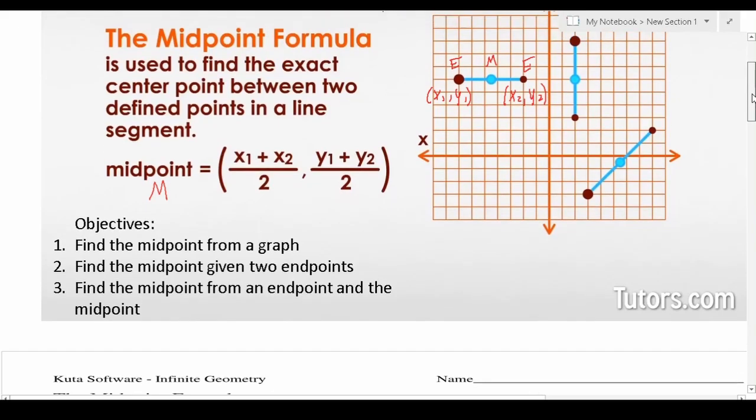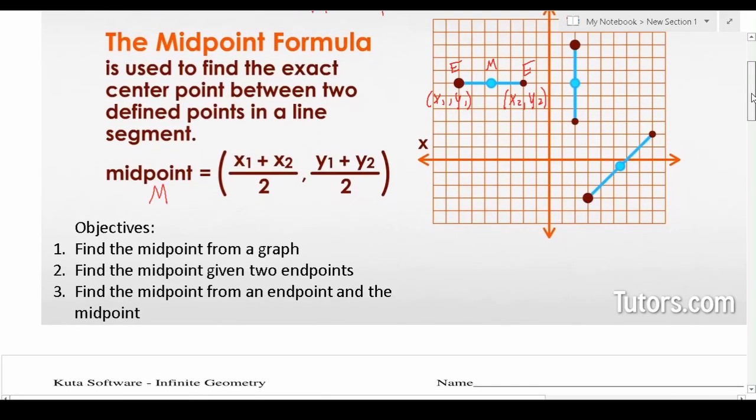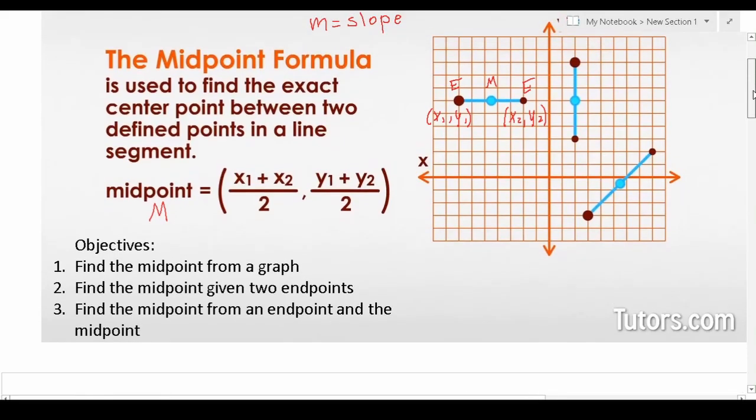As far as today's video goes, I want to cover three things in greater detail. First, I want to show you how to find the midpoint from a graph. Next, I want to show you how to find the midpoint given two endpoints. And then finally, I want to show you how to find the midpoint from an endpoint as well as the midpoint.